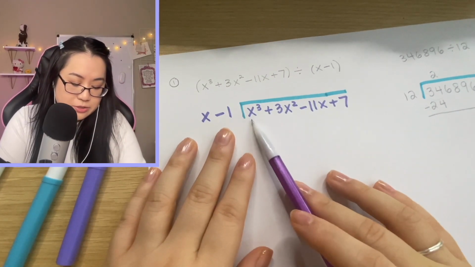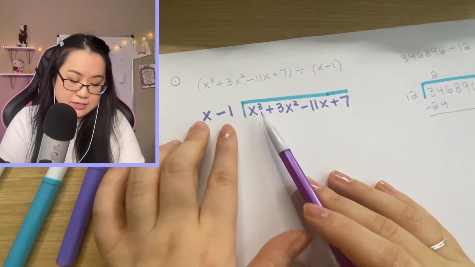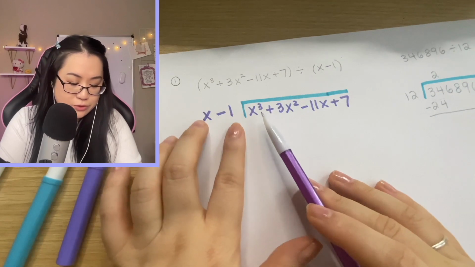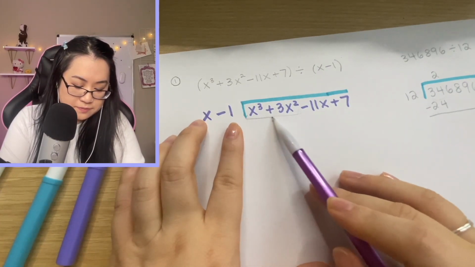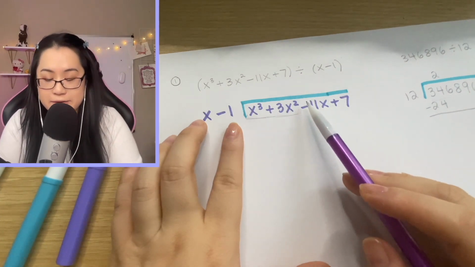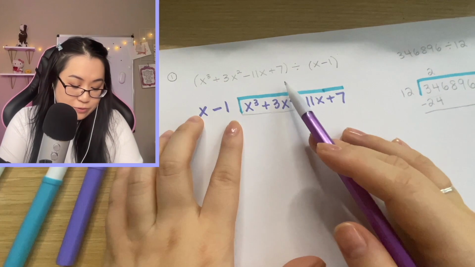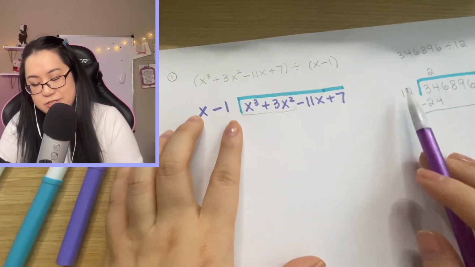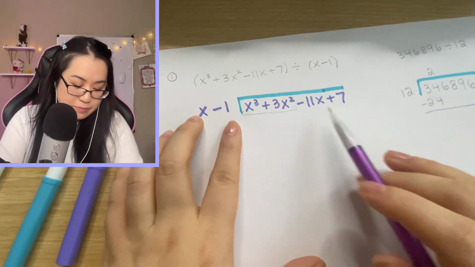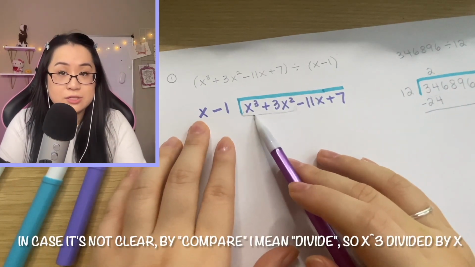So what we do is, because this has 2 terms in it, x minus 1, we're going to look at these 2 terms, x cubed plus 3x squared. And in this case, it's actually easier to determine what goes up here, because here you have to actually multiply it and check, but here all you have to do is compare x with x cubed.